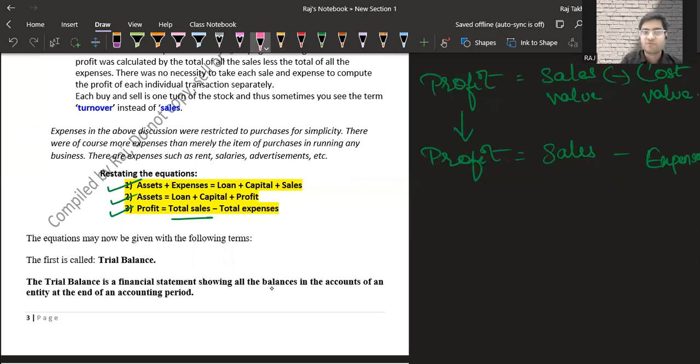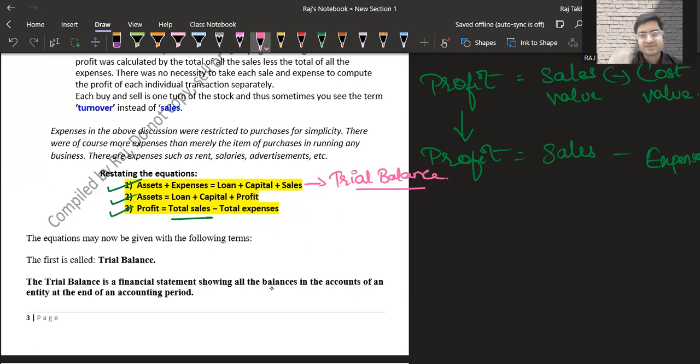Okay, so in the very first equation, we can say that this equation will help us in preparing a trial balance, which is nothing but a statement that shows that all the heads of accounts have a certain nature.